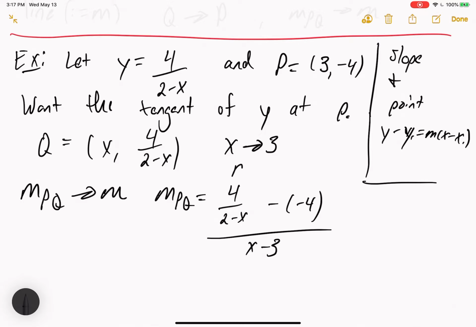This is our point q, and this will be our point p. This is the y value of q, this is the y value of p, this is the x value of q, and this is the x value of p, my bad.